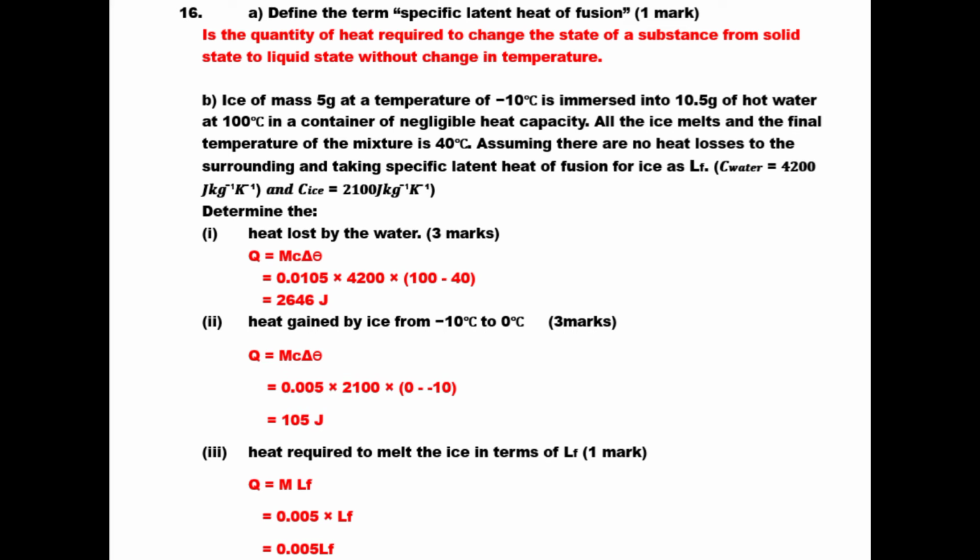Determine the heat lost by the water. There is the hot water. Remember, the hot water is at 100, and then the final temperature is 40. That means the heat lost by the water is given by mc theta, or mc change in temperature. In other words, mass of the hot water is 10.5 gram, but in SI units 0.0105 kilogram.